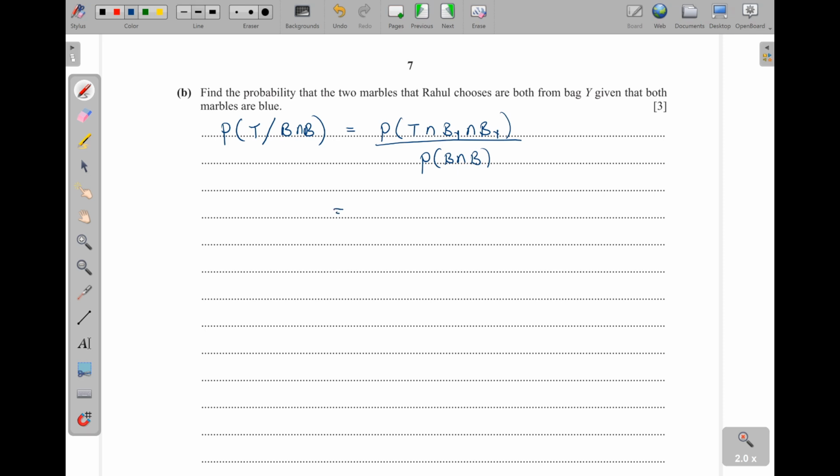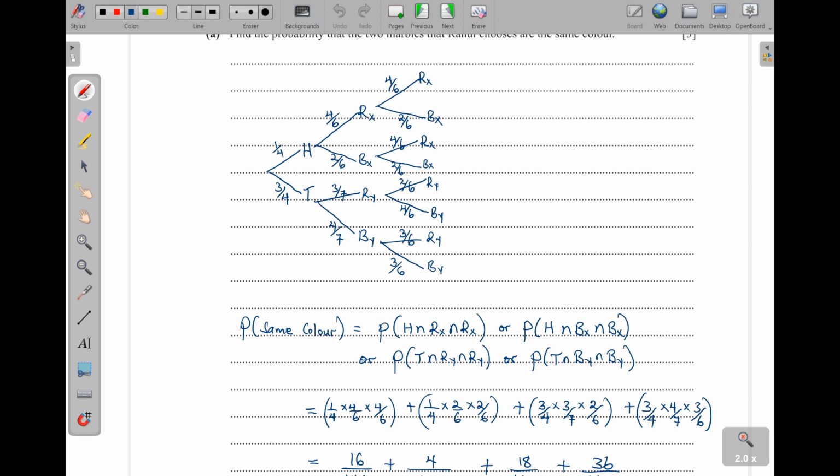You see that? If they are blue, the probability of obtaining 2 marbles which are blue, you can check here. We also have blue here. It is the total. So the head, blue. Then we also have the tail, then blue.